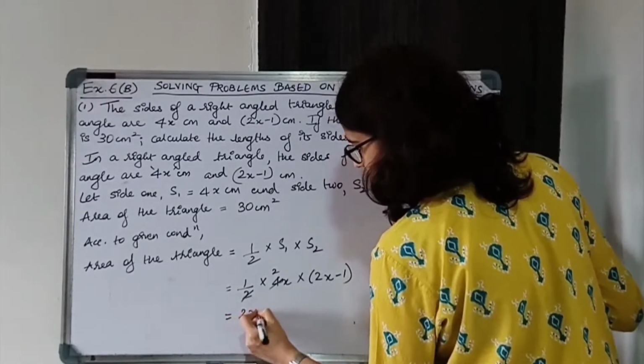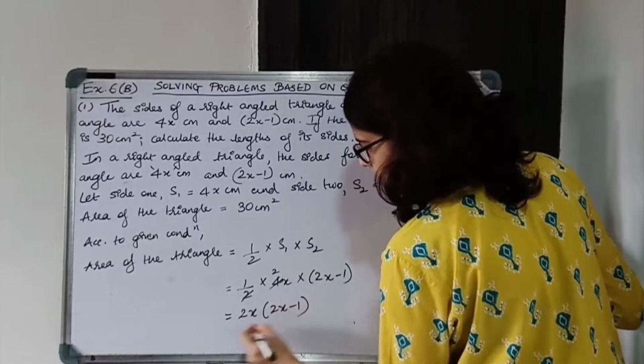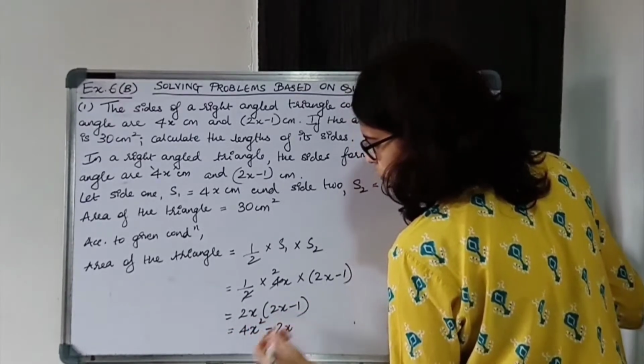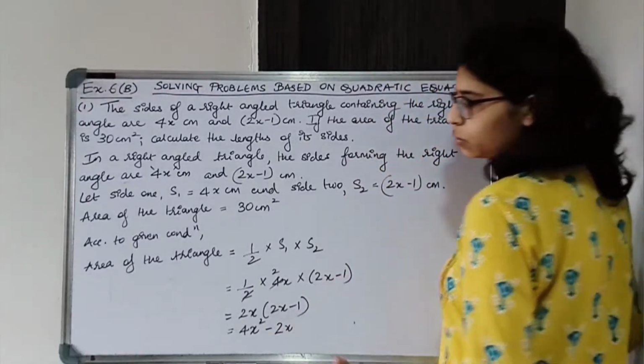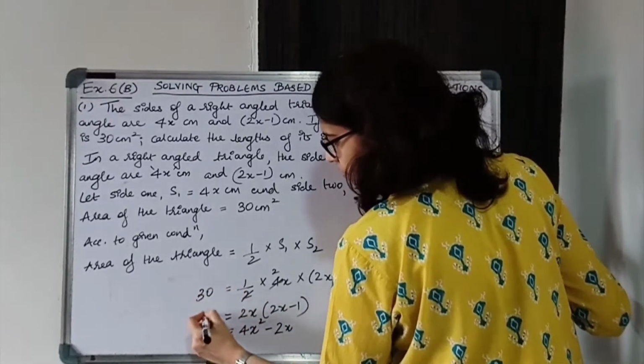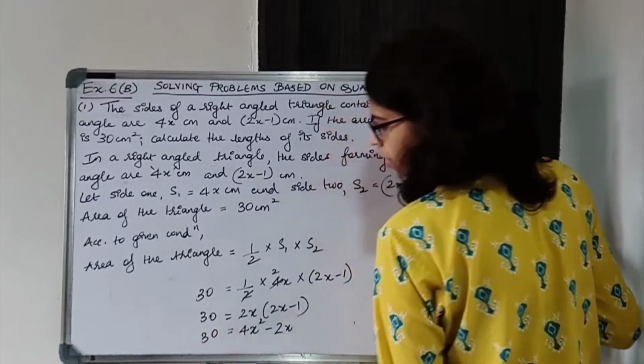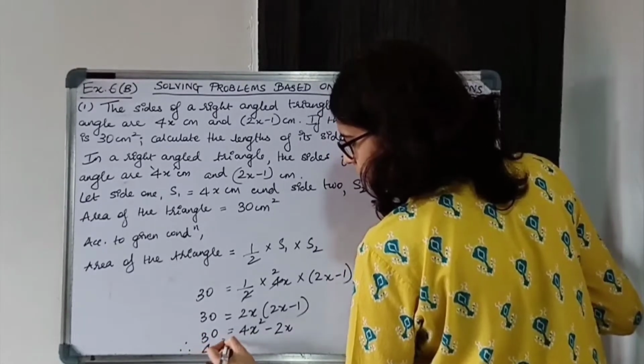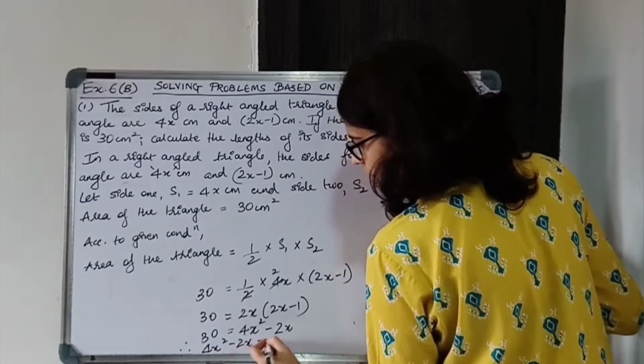So 2x into 2x minus 1, so 4x square minus 2x. Now this is equal to 30, right? So we can say that 4x square minus 2x is equal to 30.